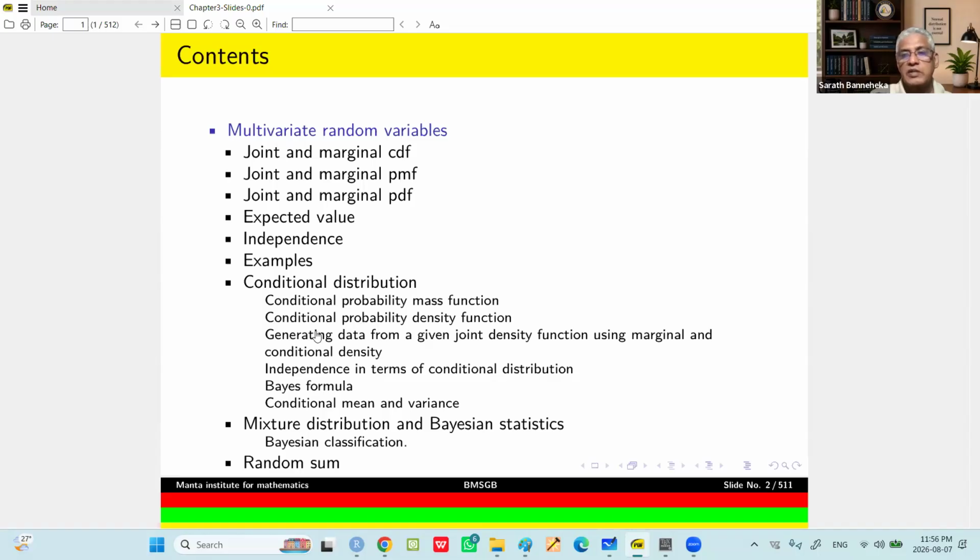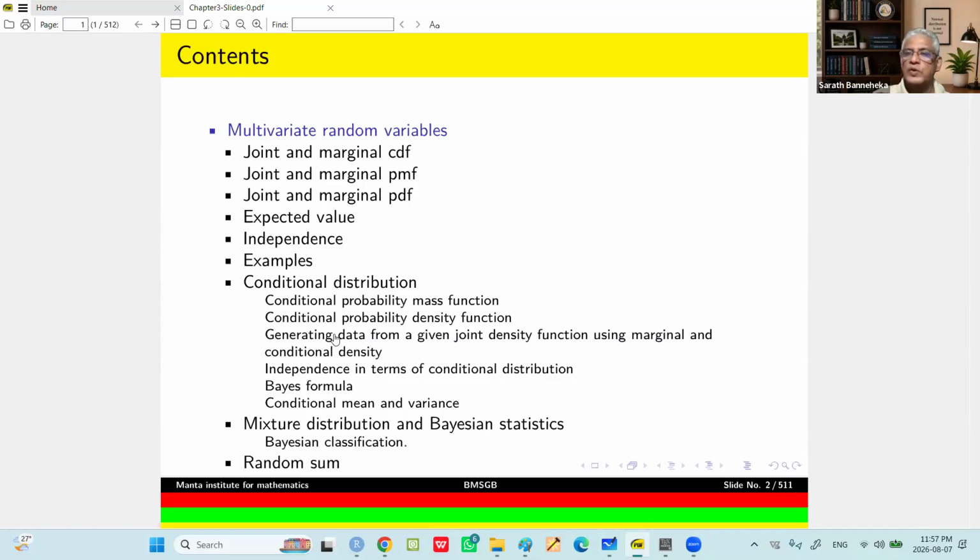This is where I mentioned that if I know the actual joint distribution, we don't have to use the copula method. What we can do is get the conditional distribution of, say, y given x, and if we know the marginal of x, generate one observation from that marginal, and then given that x, generate a value y using the conditional distribution of y given x.